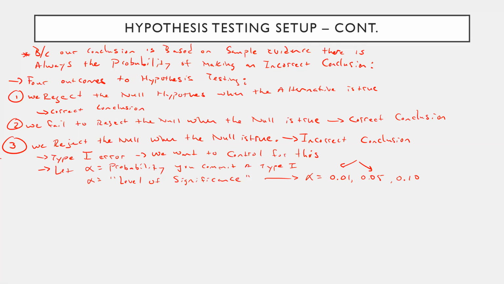Yeah, that's right. So the 4th outcome is we fail to reject the null when the alternative is true.